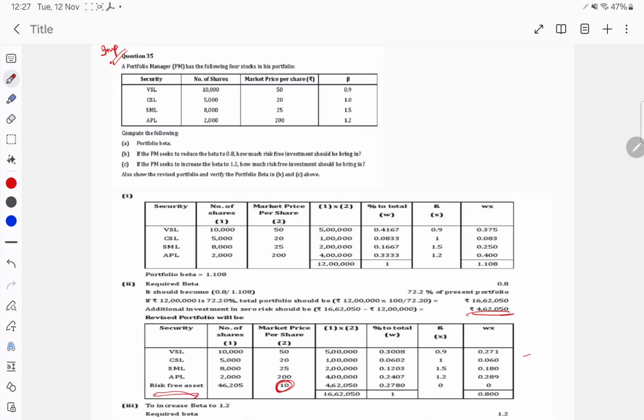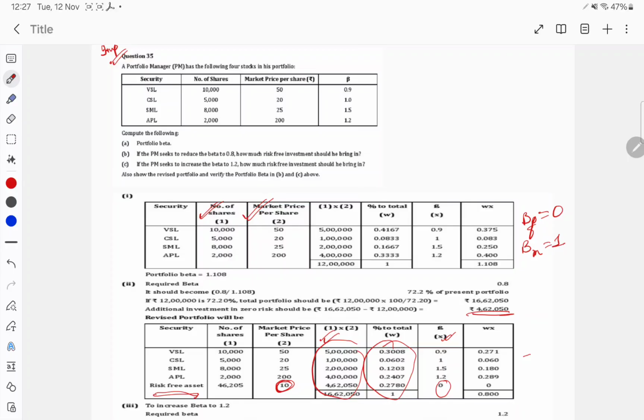It is the same process which you applied above for calculating beta of portfolio. You take the number of shares into market price, and calculate the weight in a similar manner. The beta you will take for the risk free as 0. You are very much aware that beta of risk free security is always 0, and beta for market is always 1.